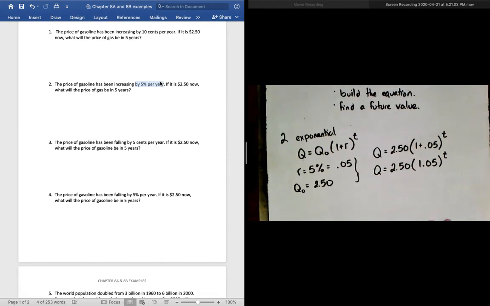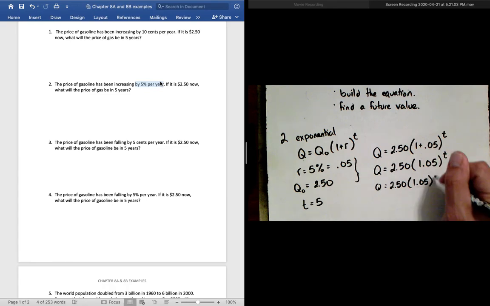It asks what will the price of gas be in 5 years. So now the role of little t is 5. We can plug that in using our calculator. We're going to get Q is equal to 2.50 times 1.05 raised to the 5th power.